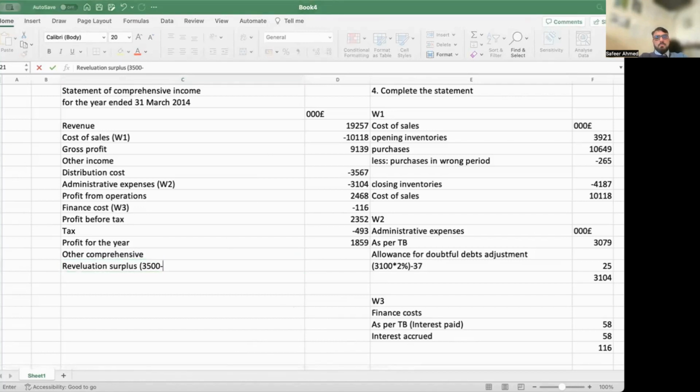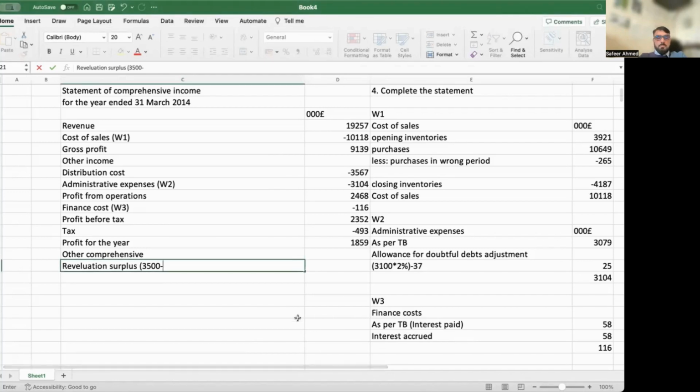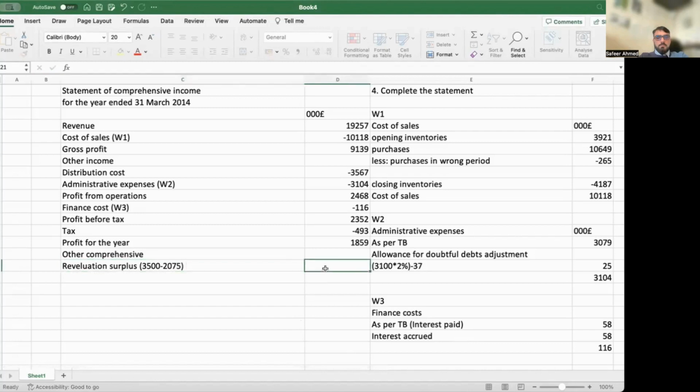In other words, the cost of the land, which is given to us as part of the statement of profit or loss, is 2075. So the difference between these two will go to other comprehensive income. So 3.5 million minus 2075 gives us 1425.